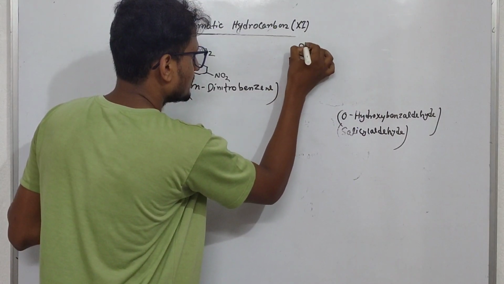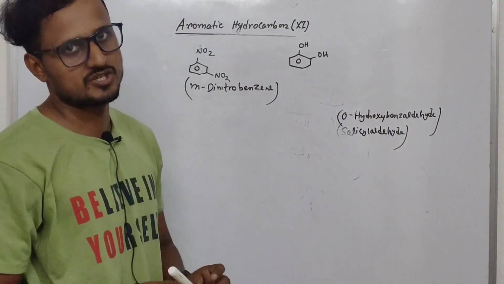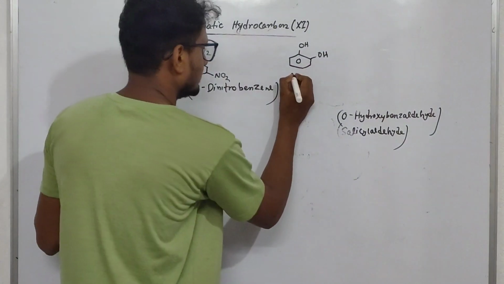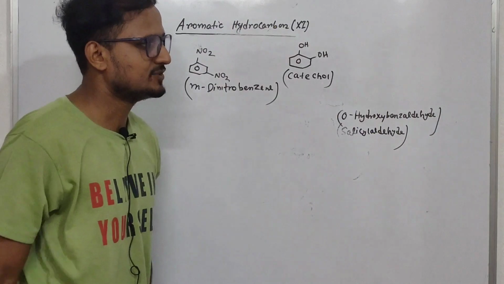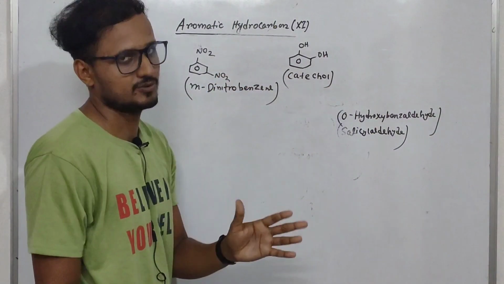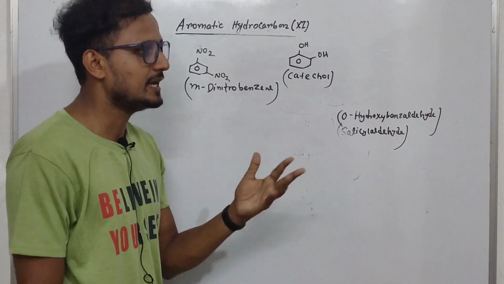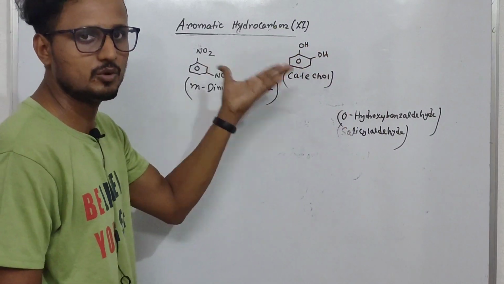Now similarly, if two OH groups are ortho to each other, it has a common name. It is called catechol. I'm just going to discuss some of the compounds with you. You have to read them, because when we see the name reactions, these compounds may come as products, so you have to know the names.